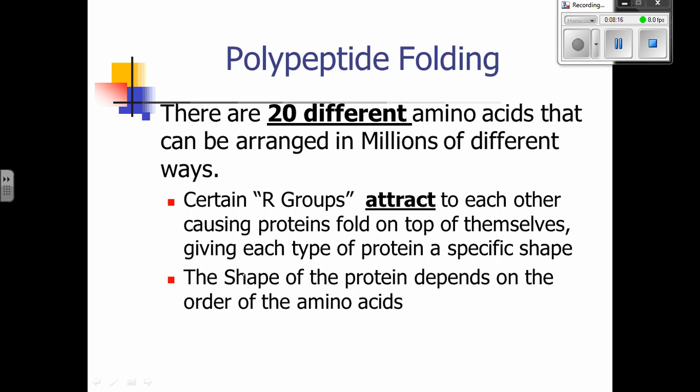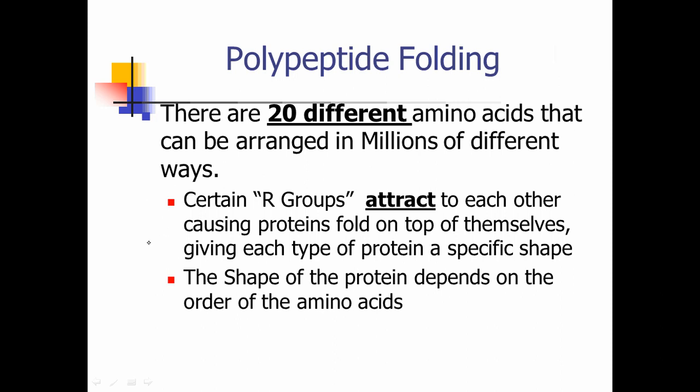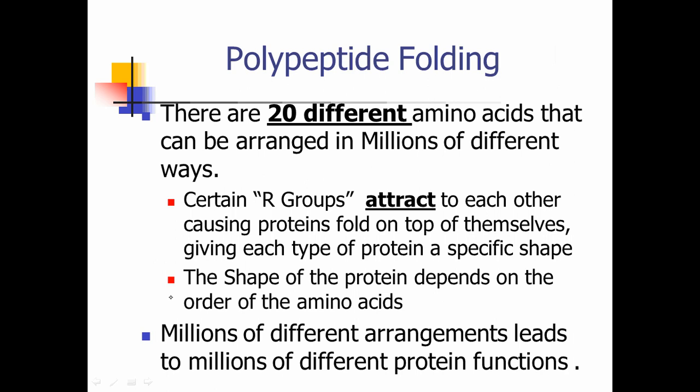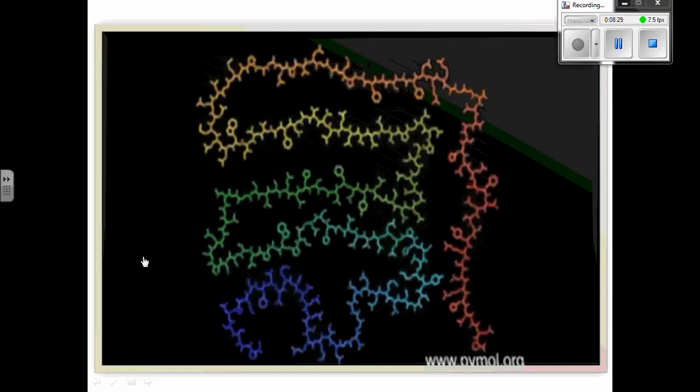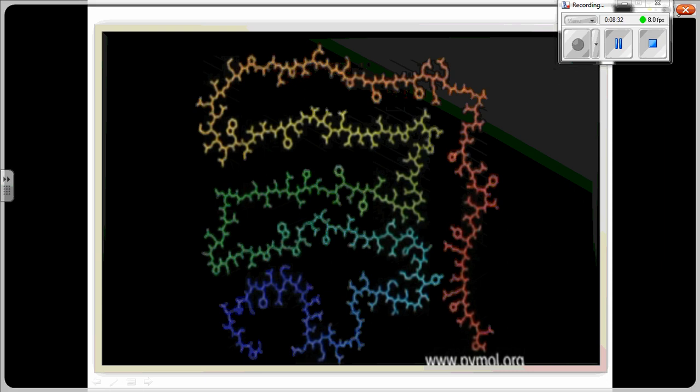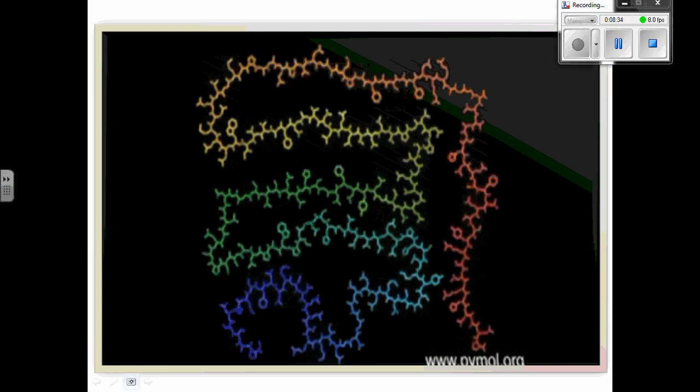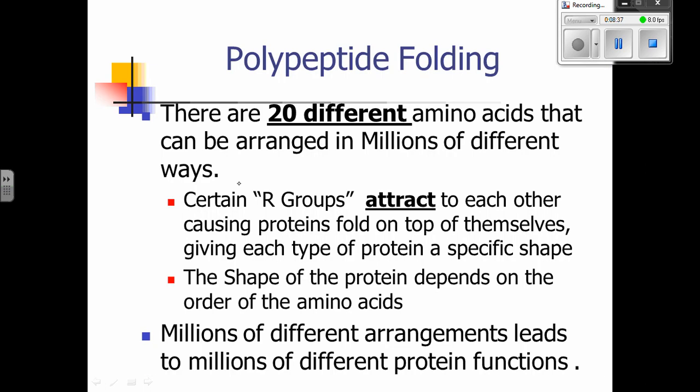And one important concept, if I was going to highlight something about this slide that you guys really need to know, it is that certain R groups attract to each other, causing proteins to fold on themselves, and that shape that they get is what determines the function of the protein.